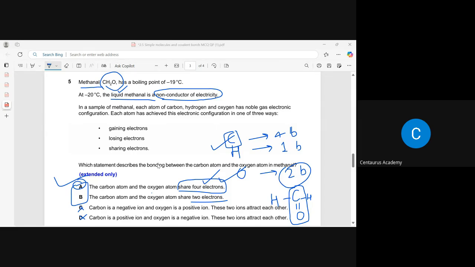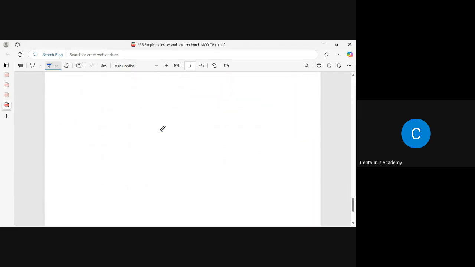If you look into the dot and cross diagram for this, let me share the dot and cross diagram so that I can better explain. So this is your carbon. This is your hydrogen. This is another hydrogen.